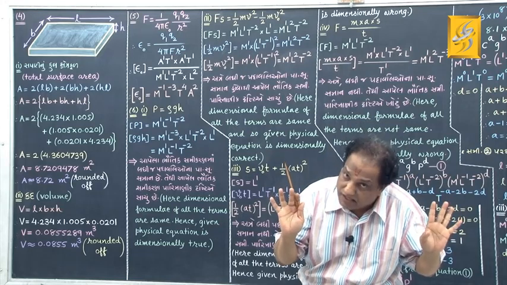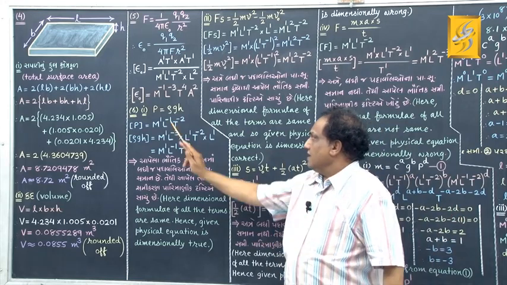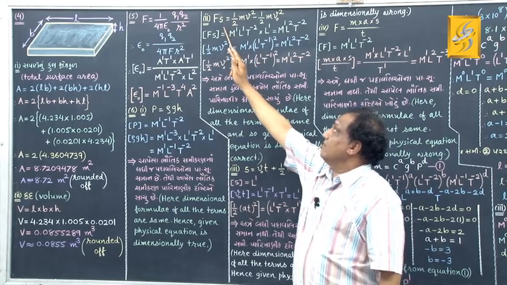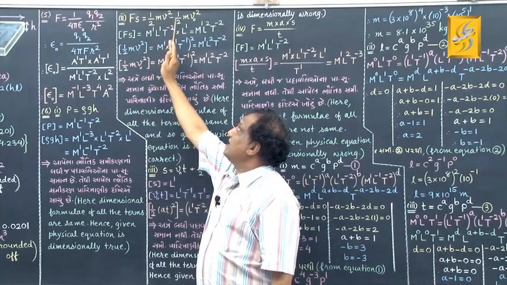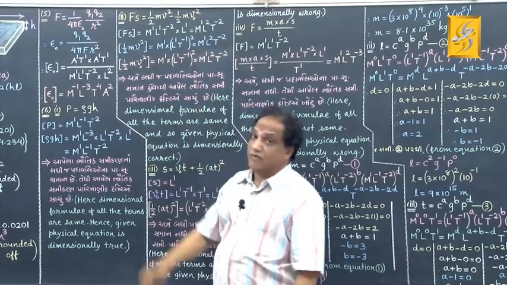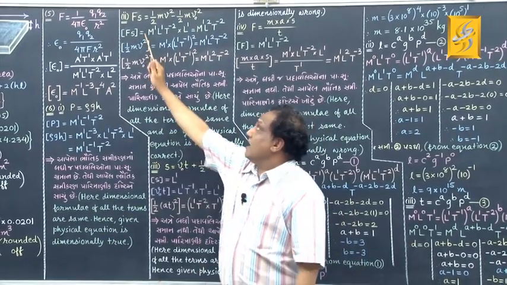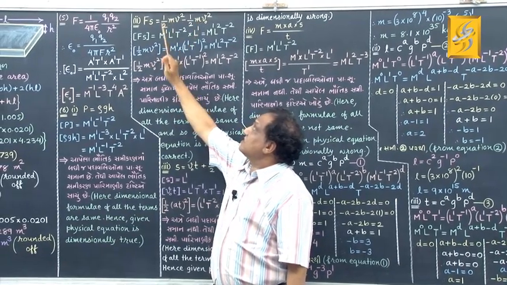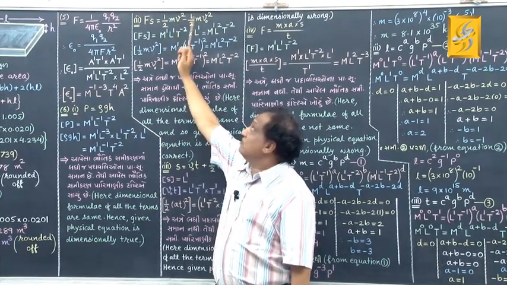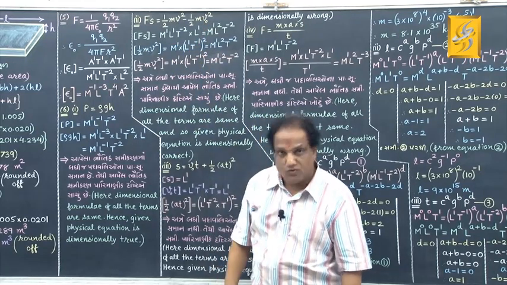Dimensionally correct. Correct? Fine. Now second section they given F into S equals to 1 by 2 mv square minus 1 by 2 mv0 square. Look, F is force, S is displacement, m is mass, v is final velocity, v0 is initial velocity. Okay.